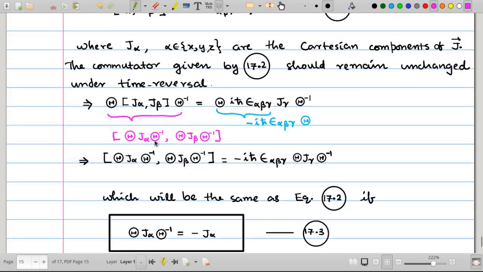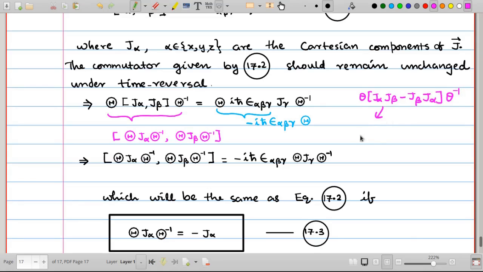Now similarly, this commutator can be expanded because J alpha commutator with J beta is J alpha J beta minus J beta J alpha, and we can write this as theta (J alpha J beta minus J beta J alpha) theta inverse.